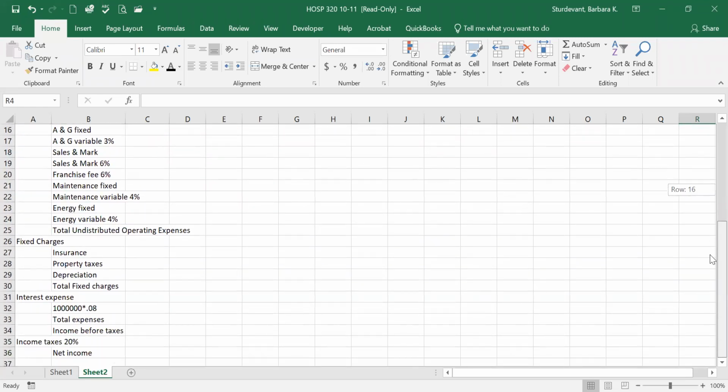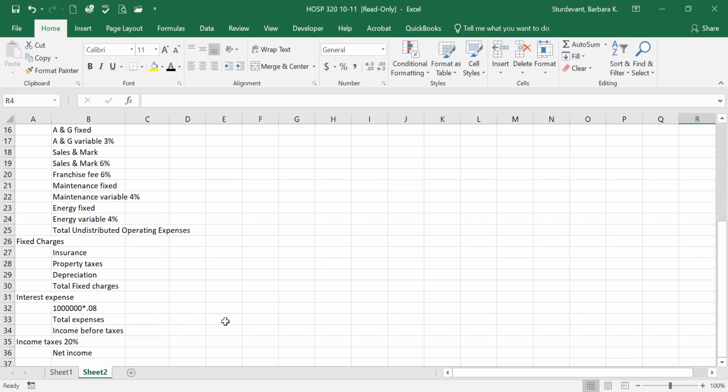And this actually follows the bottom part. We had insurance, property taxes. They were fixed amounts. Depreciation was a fixed amount. Because if you recall from doing the income statement, these are things we couldn't change. We have to calculate our interest. And so that'll give us our total expenses.